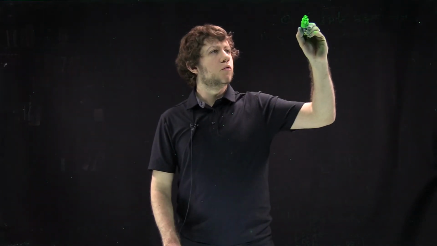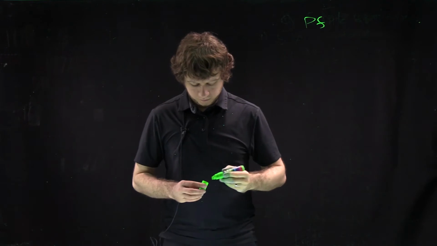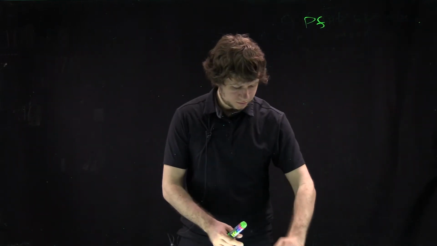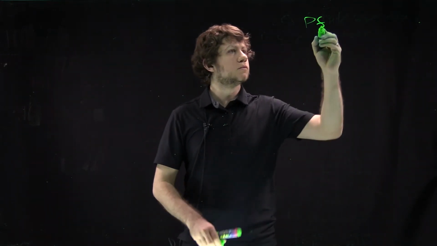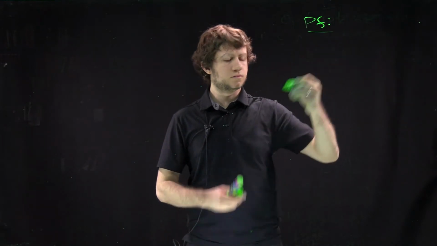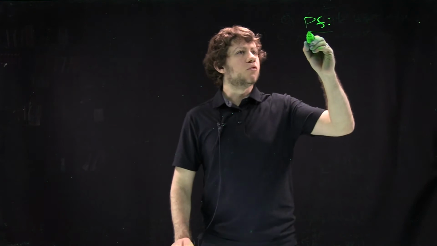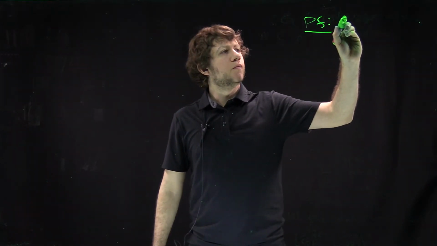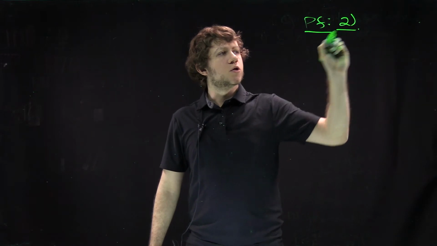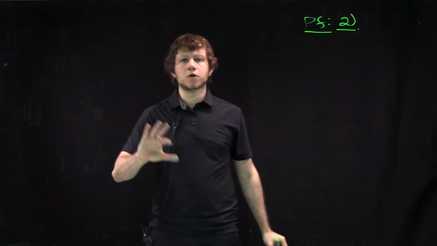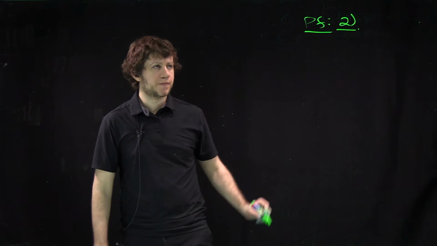Okay, so let's start the proof. Yeah. Okay, proof. So let's start with part 2. So why don't row and column operations change the rank?